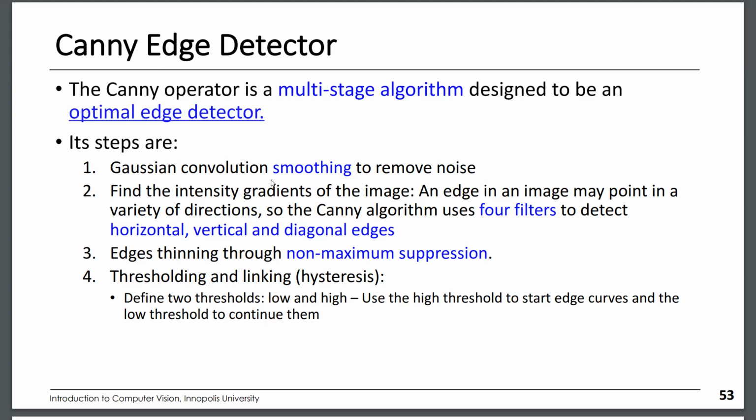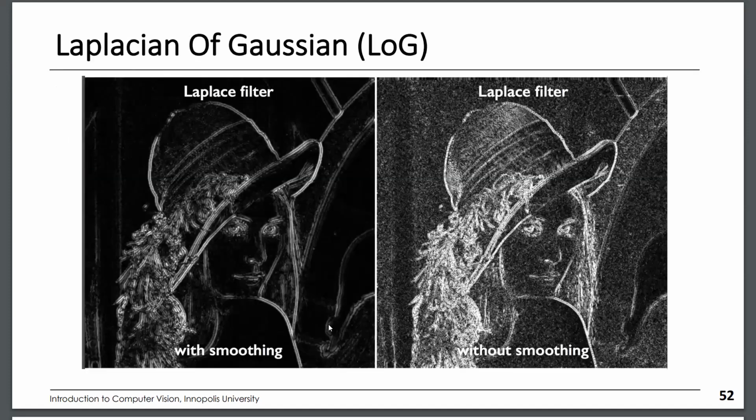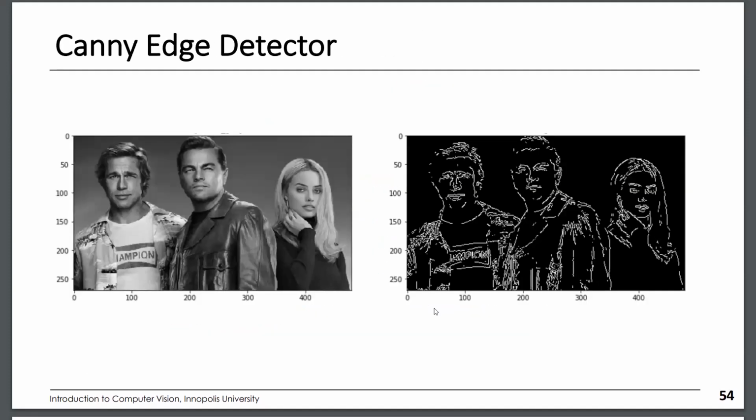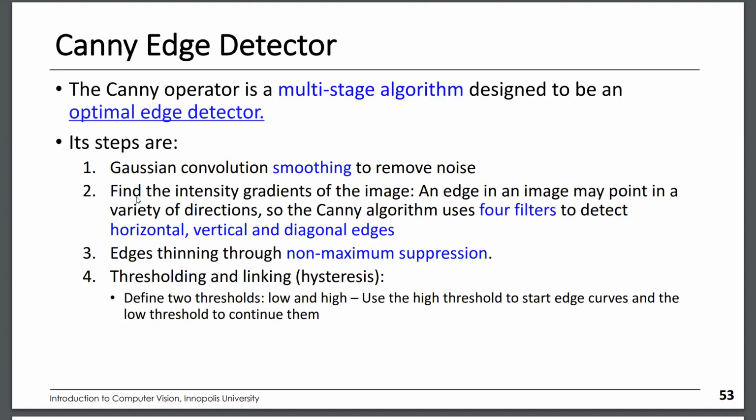So the first step is Gaussian convolution smoothing to remove the noise. As you have seen, applying some smoothing always helps. The second step is to find the intensity gradients of the image. An edge in an image may point in a variety of directions, so the Canny algorithm uses 4 filters to detect horizontal, vertical, and diagonal edges.